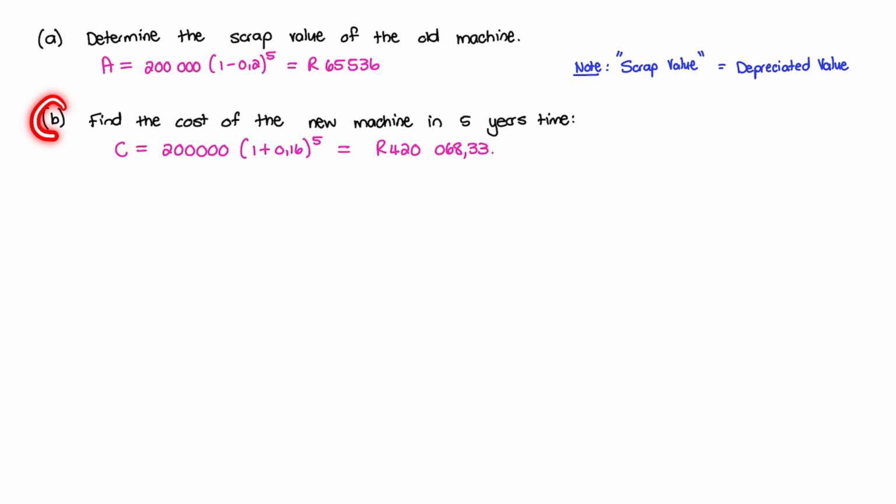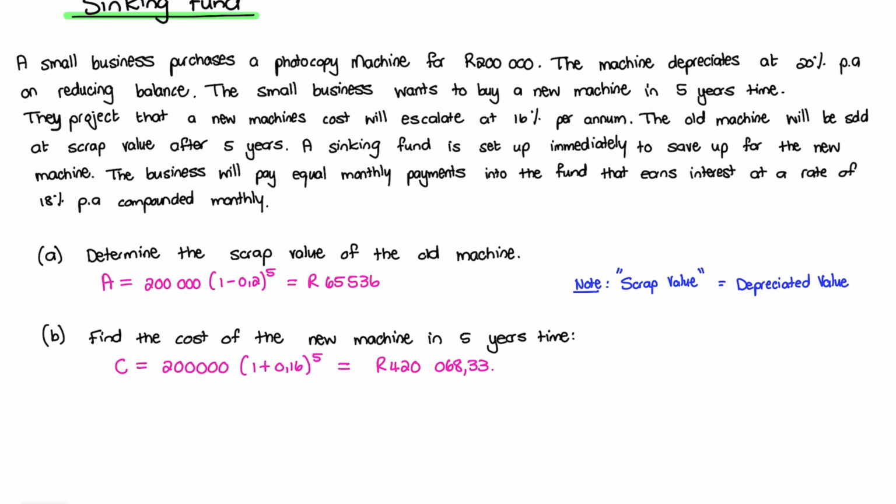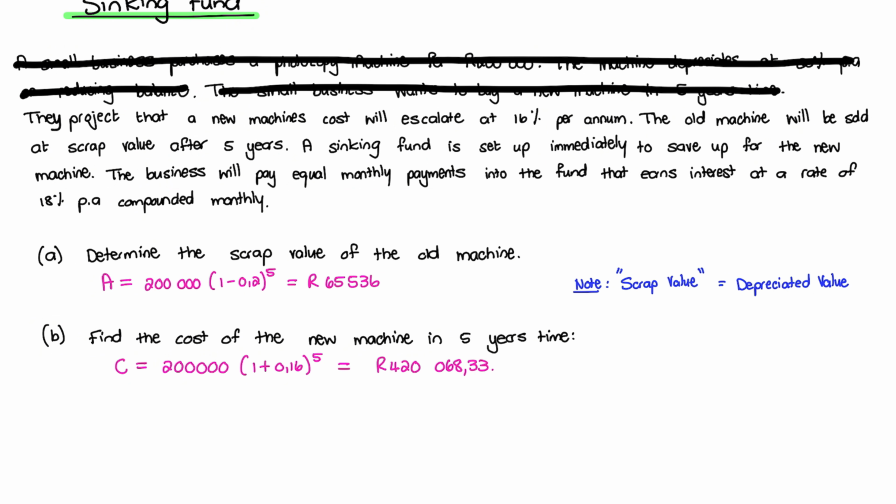The second question says, find the cost of the new machine in 5 years' time. So let us go back into our information. If you like, you can always scratch out the information you've already used. So they said that they project that a new machine will escalate at 16% per annum. All right?